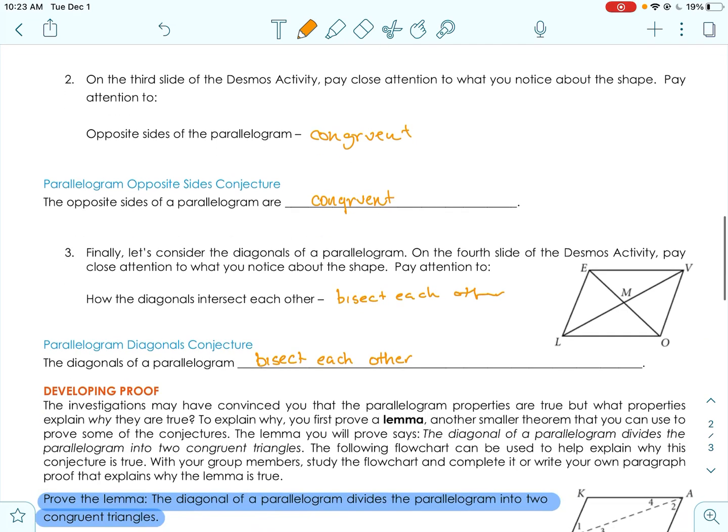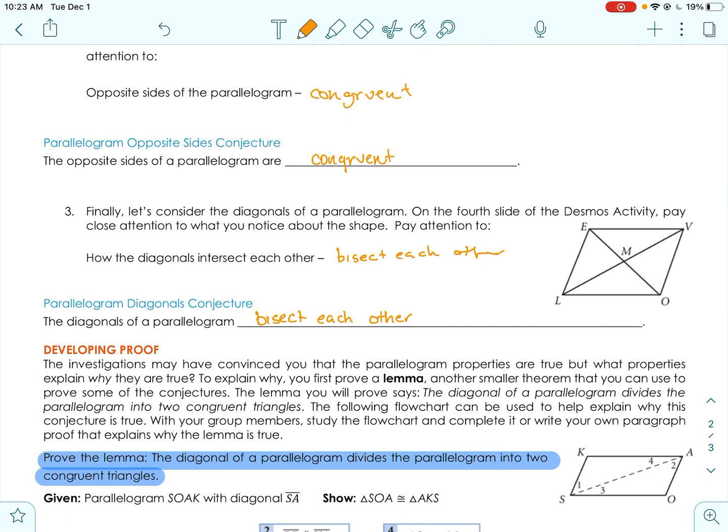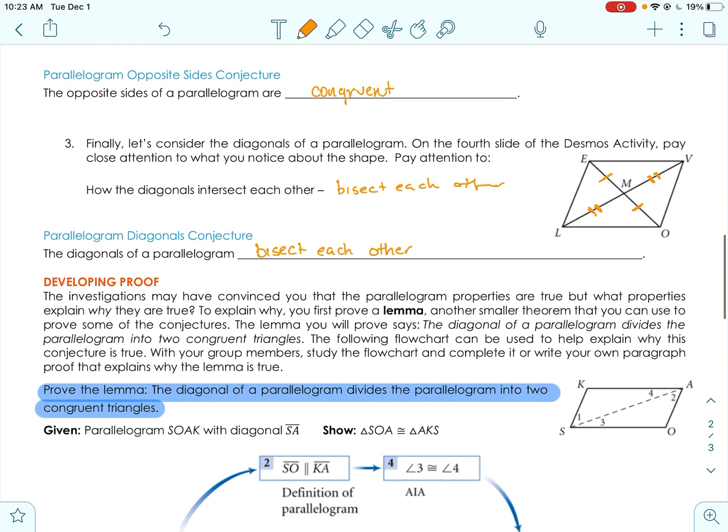Okay. Now, these investigations may have convinced you that the parallelogram properties are true, but what properties explain why they are true? That's what we want to think about in these next two proofs that we're going to do. And again, jumping back up to here, what we now know is that if you have the diagonals of a parallelogram, they are going to bisect each other, which means that EM is congruent to MO, LM is congruent to MV.